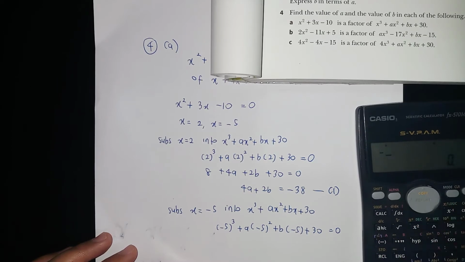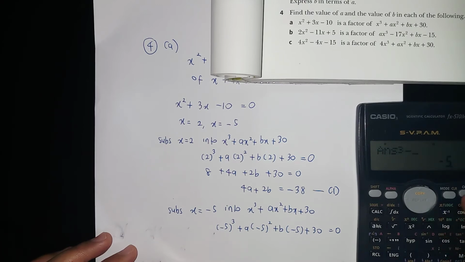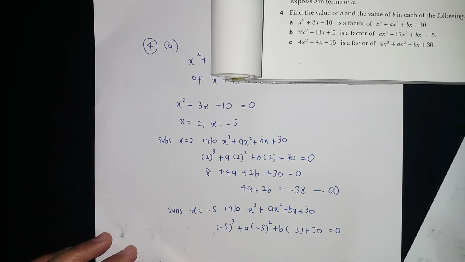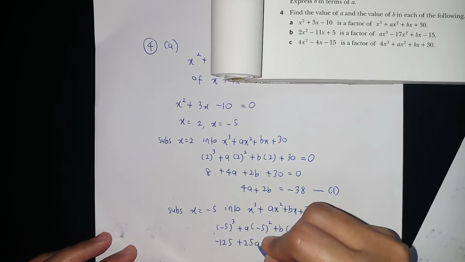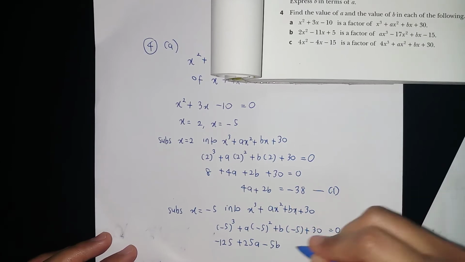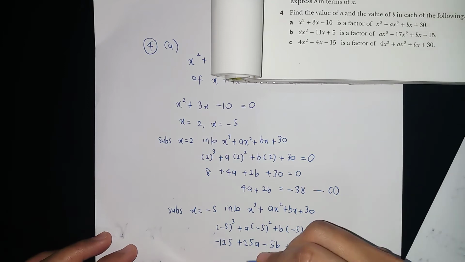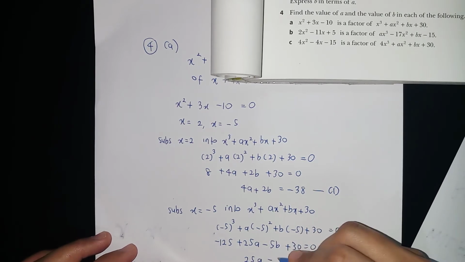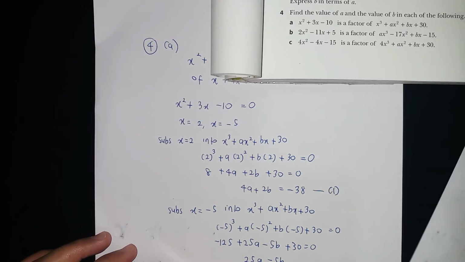Negative 5 cubed is negative 125, plus 25A minus 5B plus 30 equals to 0. So we simplify, you get 25A minus 5B equals to negative 125 plus 30. You get 95 over here. So this is the second equation.